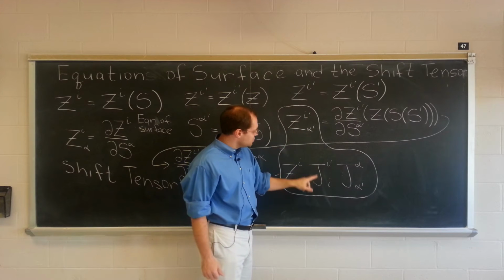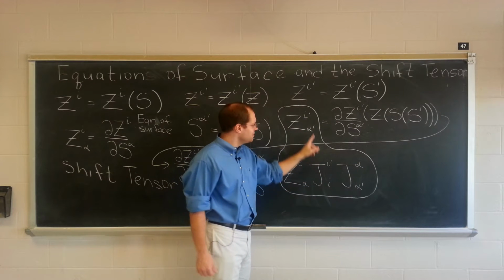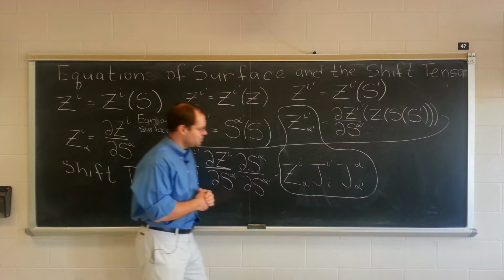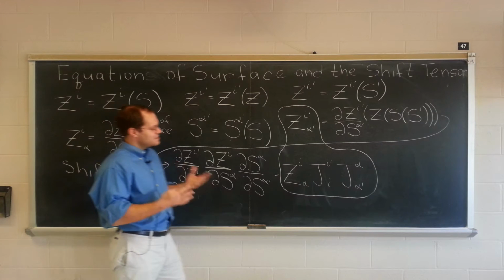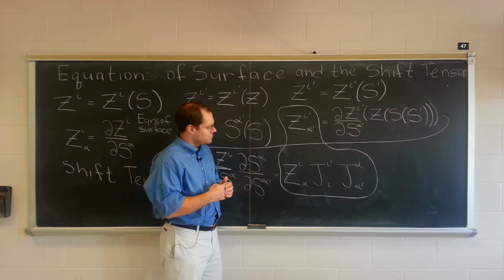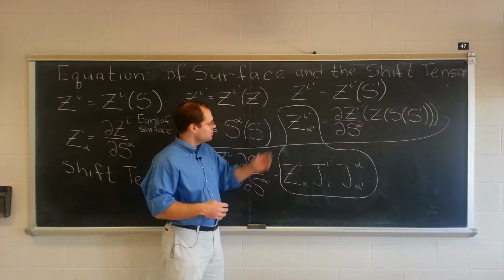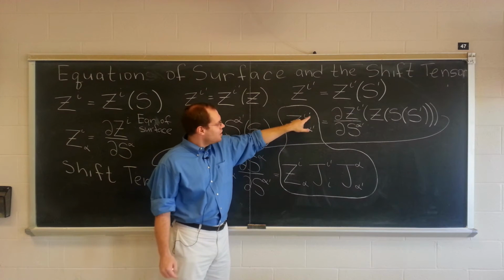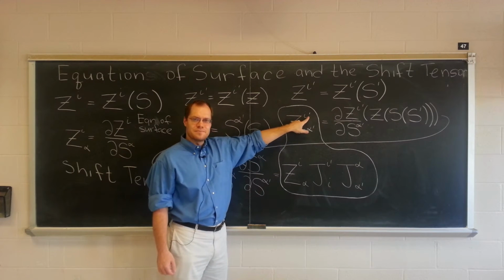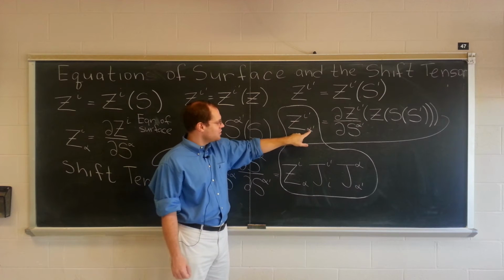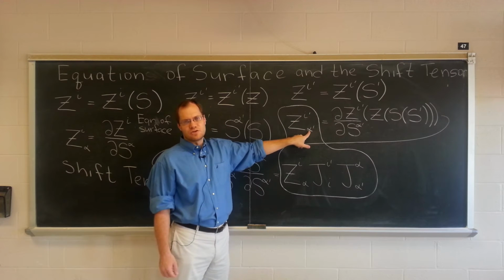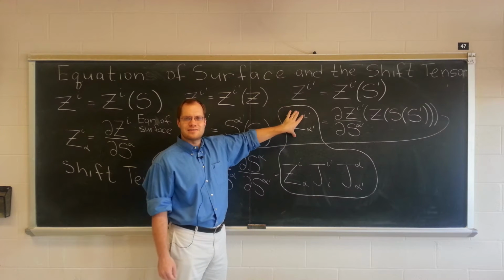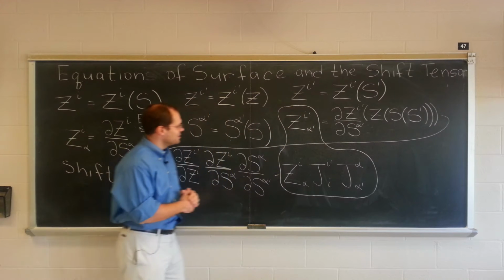The ambient index transforms according to the ambient Jacobian, and the surface index transforms according to the surface Jacobian. So that's what it means to be a tensor, and it also shows that the shift tensor is indeed a tensor of one contravariant ambient order and one covariant surface order. So we have our first mixed tensor, and it's a big one.